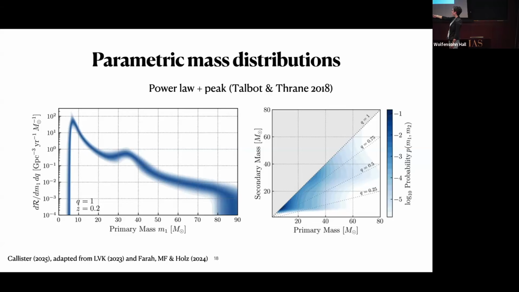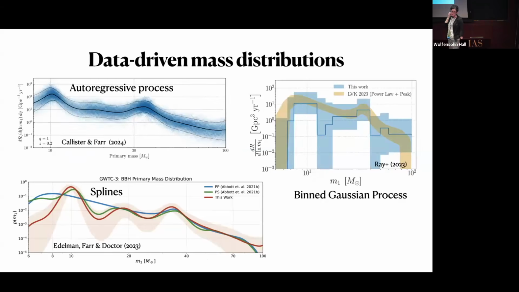And so you'll get that rate that refers to the rate of q equals 1 systems at redshift 0.2. Okay, now we also have a bunch of the data-driven mass distributions. This one is using this autoregressive process from this paper by Tom Callister and Will Farr, where each posterior draw, one of these traces, is just super jagged.